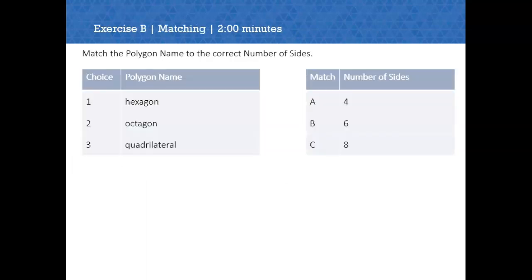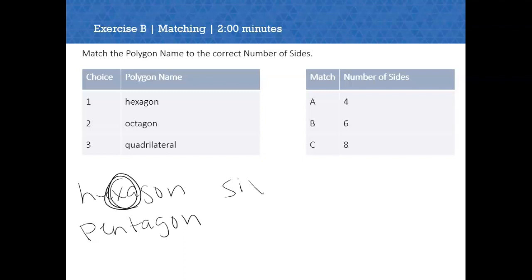So let's match. We have hexagon, octagon, and quadrilateral. Something that I always tell people to remember, because people get hexagon and pentagon confused: a hexagon has an X, just like 6 has an X. So hexagon has 6 sides.